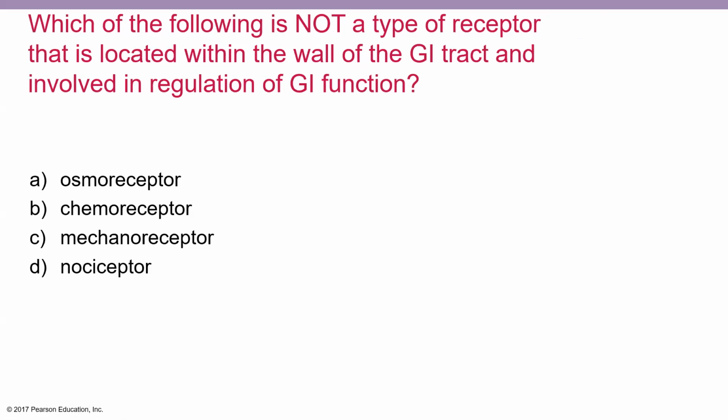Okay, here's another one. All right, which of the following is not a type of receptor that is located within the wall of the GI tract and involved in regulation of GI function?